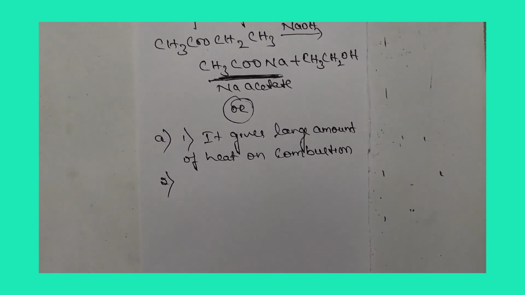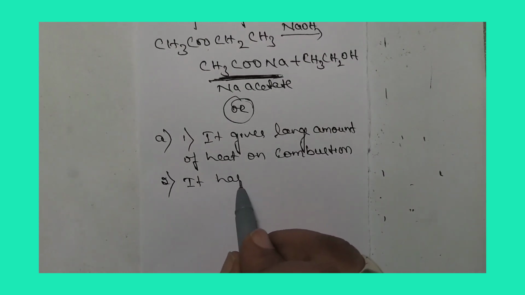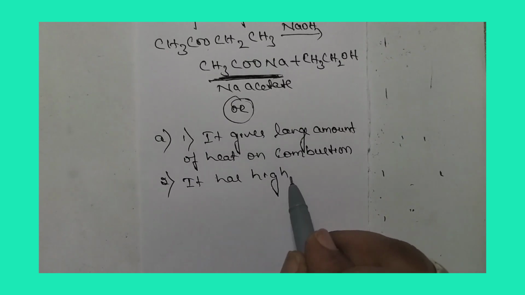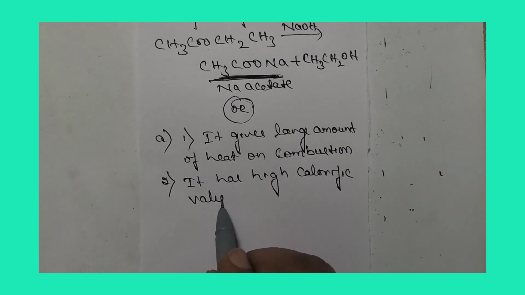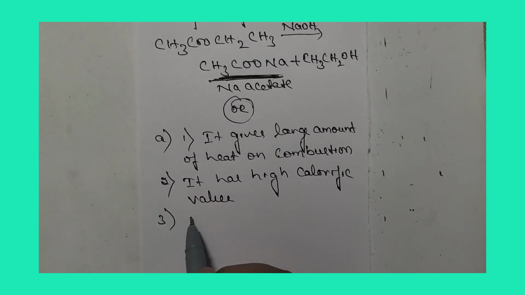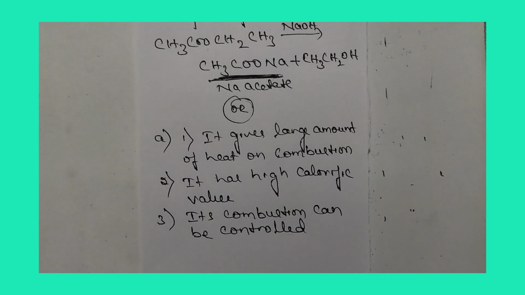Second, it is used as a fuel because it has high calorific value. And the third point is that its combustion can be controlled. So these reasons we can give for why we use them as fuel to a large extent.